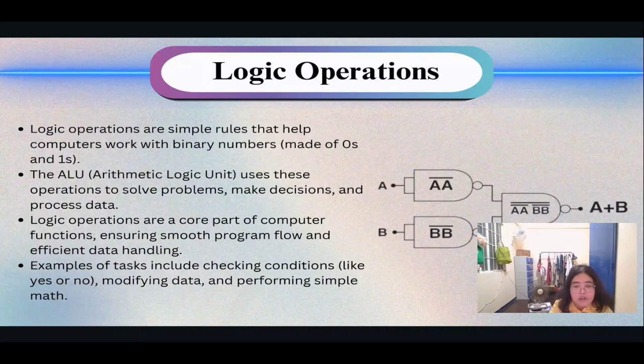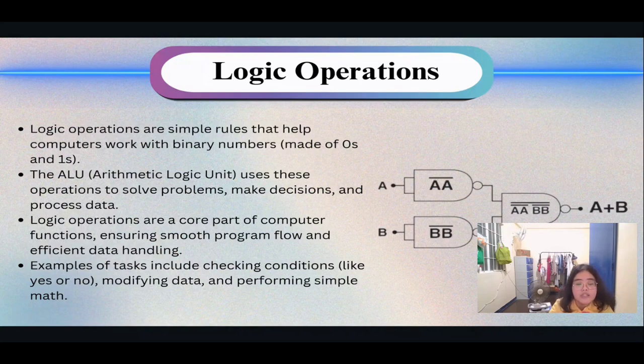So, before we discuss the arithmetic logic unit, ALU, in my part, I will tackle logic operations. These are simple rules that help computers work with binary numbers made of zeros and ones.